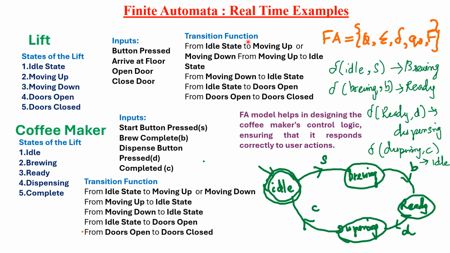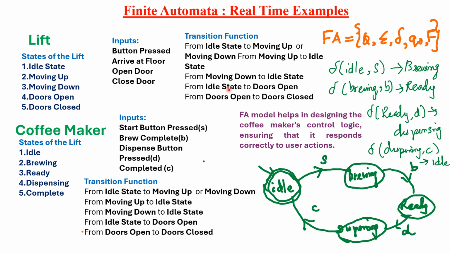And one more function is there, that is the transition function. Transition function means the system moves from one state to another state. For example, here the lift starts from the idle state to either moving up or moving down.